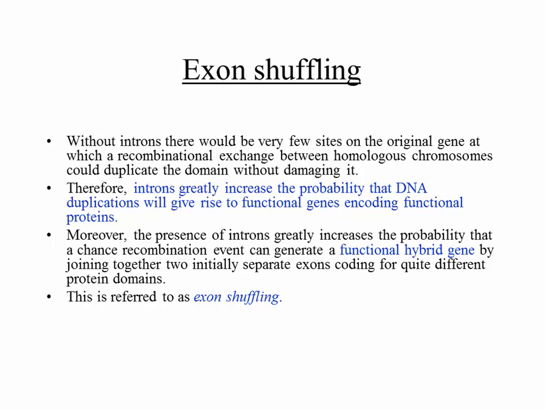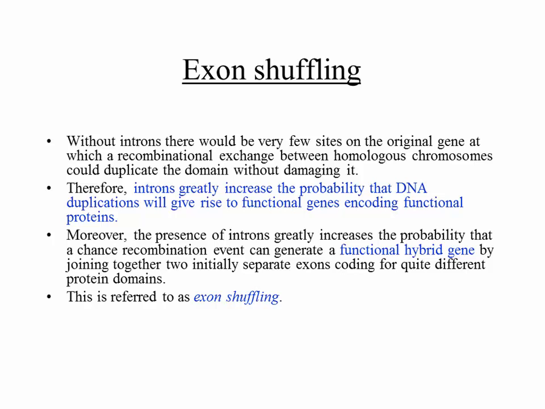Without introns, there would be very few sites on the original gene at which a recombination exchange between homologous chromosomes could duplicate the domain without damaging it. The important thing here is without damaging it. Therefore introns greatly increase the probability that DNA duplications will give rise to functional genes encoding functional proteins.